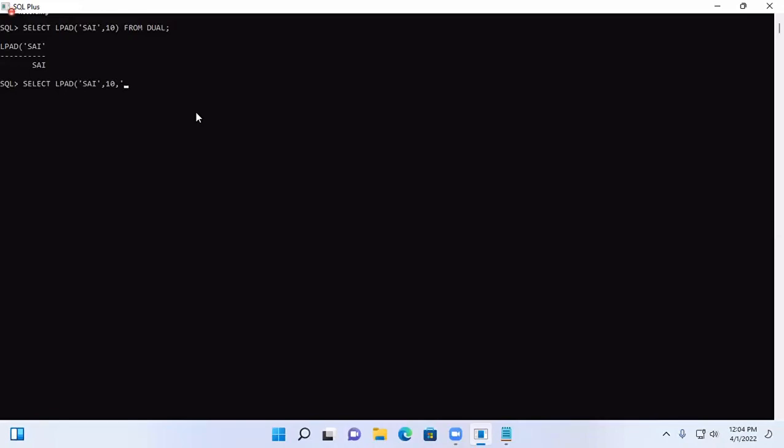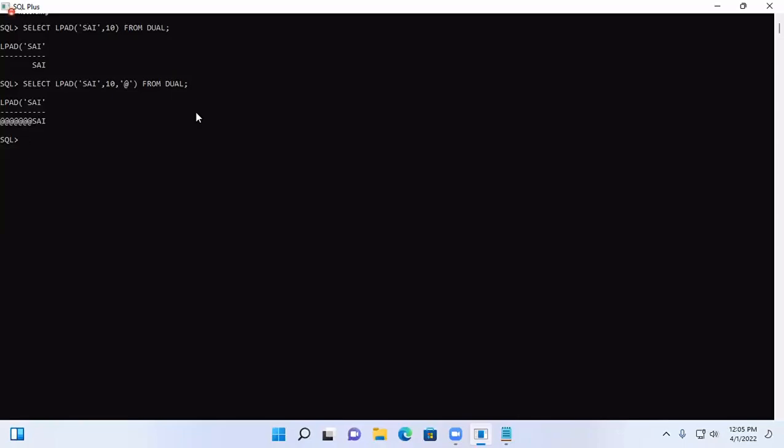So now I'm giving the at the rate symbol. Anything you can give, no problem. So now I'm going to pass. Now tell me, your at the rate symbol, how many times was it added to your string? It's total 7 times. You can see 7 times is added, count. So 7 times are added here.